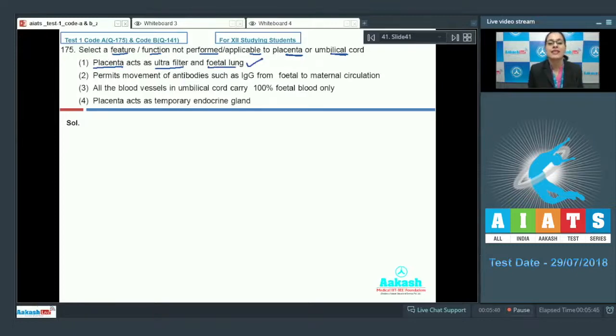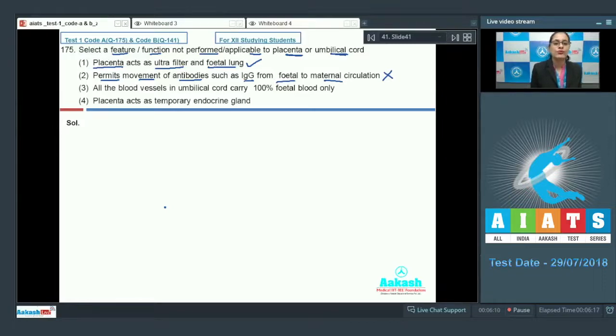And this is a correct statement because placenta will act as a fetal lung as well as ultrafilter. The second option is it permits the movement of antibodies such as IgG from fetal to maternal circulation, and this is an incorrect statement because there is no mixing of blood during the period of pregnancy.